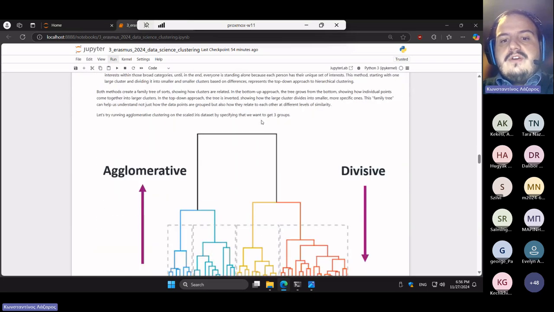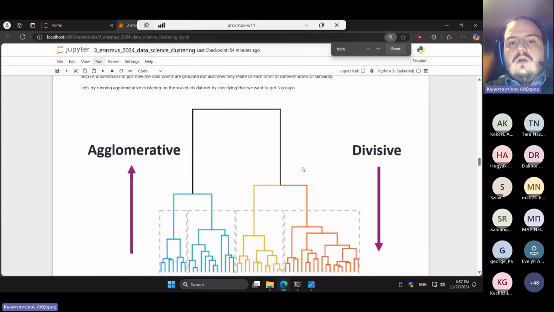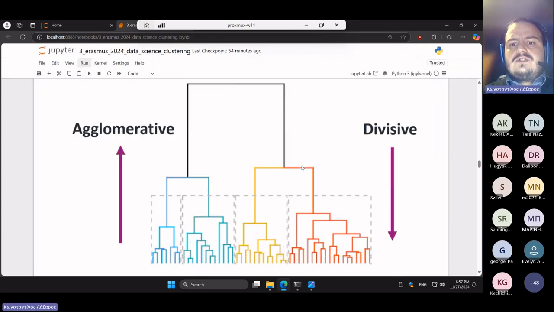So moving forward, we go to hierarchical clustering. You can see this tree structure right there. So what's the difference between this and k-means? This one tries to create a hierarchy of clusters.